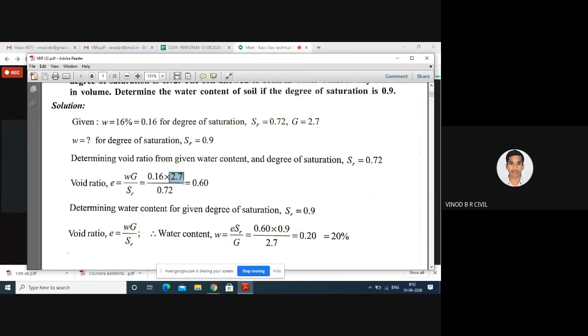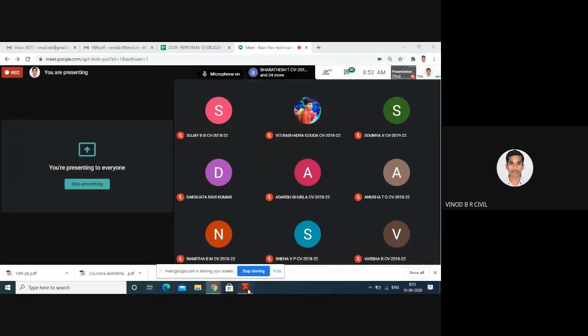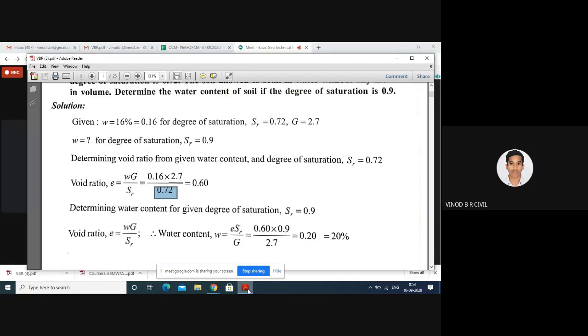Specific gravity 2.7 is given in the problem. Degree of saturation 0.72 is given in the problem. Therefore, the void ratio is 0.60.